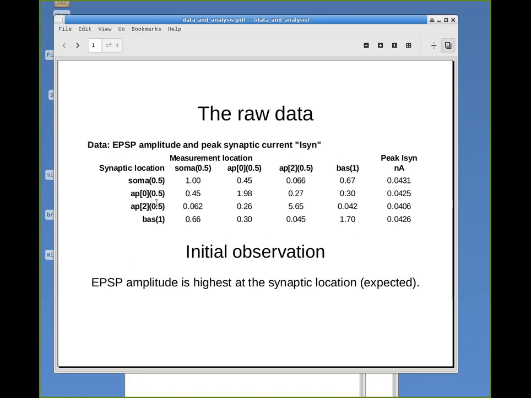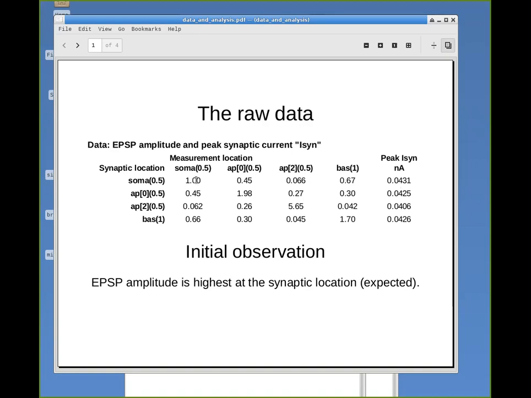If you look along the main diagonal, you see the biggest responses are always when the injection site is the same as the measurement site, which is not a surprise. You're dumping the charge at the same point you're measuring the resulting potential change. You'll also notice I threw in one additional column, which was the peak current.